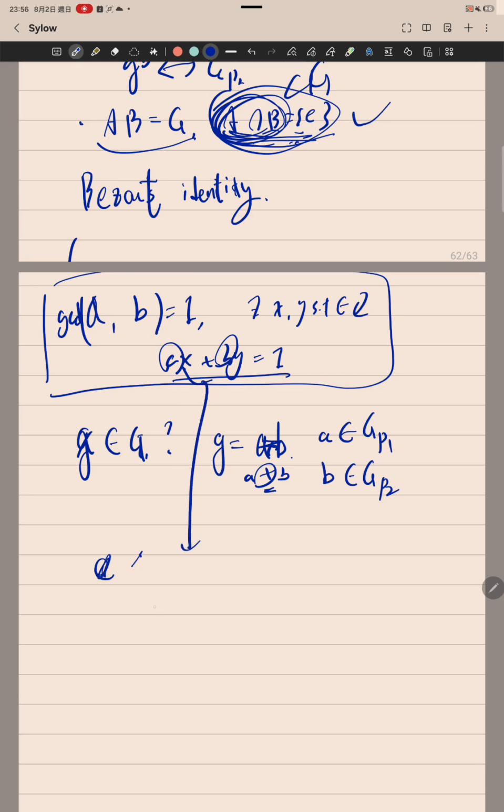So from here, I know that P to the A times x plus Q to the B times y equals 1. Okay, so this is the integer solution.